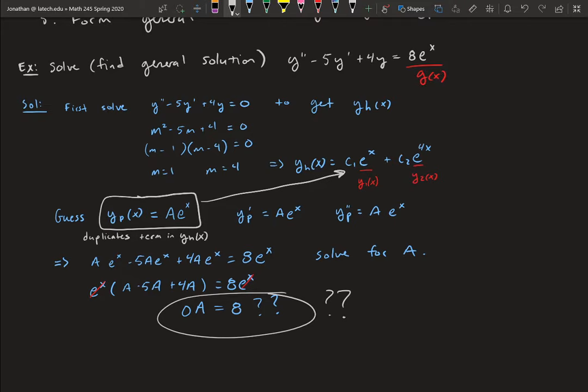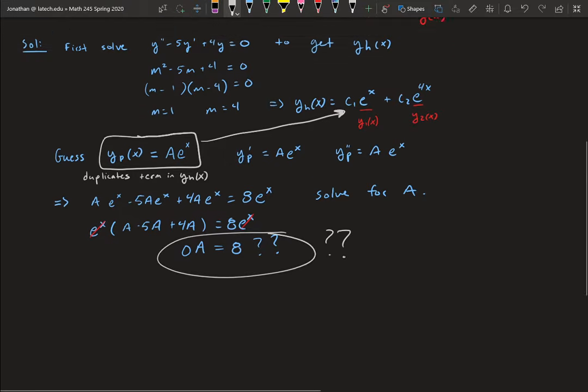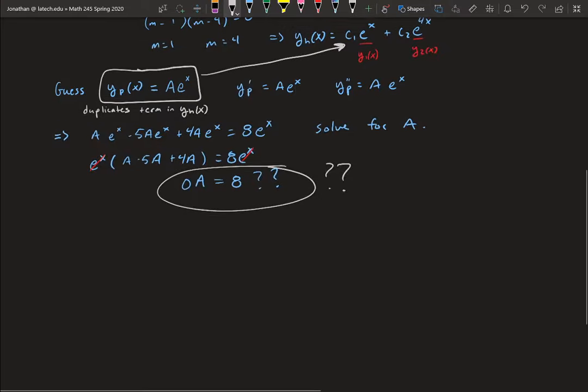When our guess from our chart duplicates our homogeneous solution, that means it's going to give us a 0 on the left because it's a homogeneous solution. So what we have to do is eliminate the duplication.